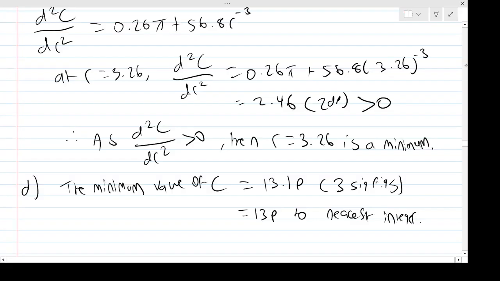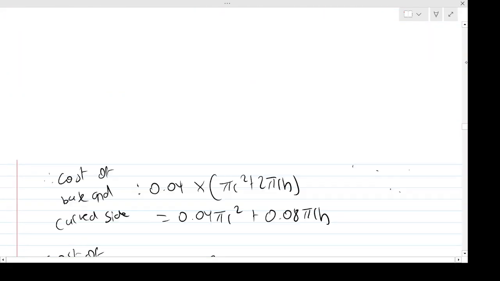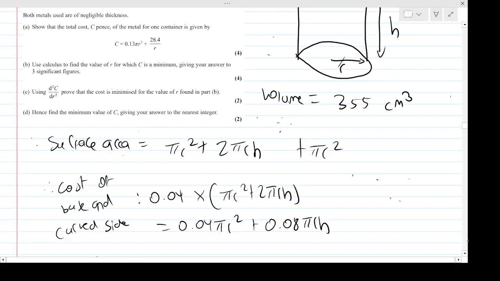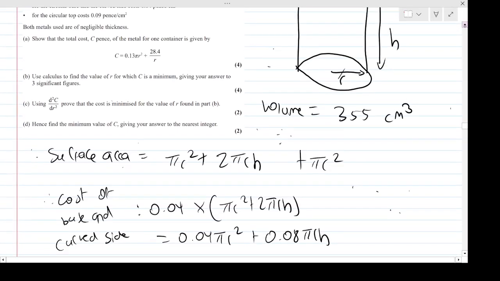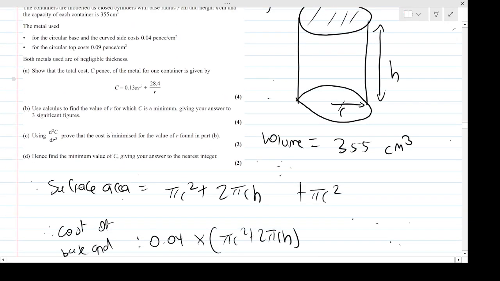So again, very similar sort of format to the earlier example, and again, my advice is part A is very tricky, right? You are given the formula though, so if you can't do part A, you can still access 8 marks.